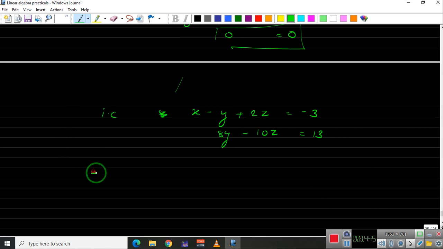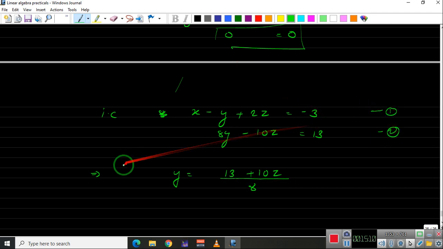So from equation 2 we can write y equals 13, shift this minus 10z to this side, so plus 10z, and then take this 8 down in the denominator, so it will be upon 8.